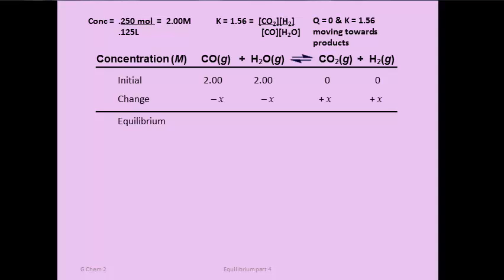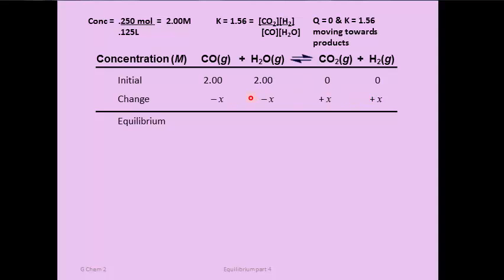If you think about what's happening, if we're moving towards products, then we know that we're losing whatever the concentration was originally. We're going to lose a little concentration. This is stoichiometrically 1-to-1 with the water, so it'll lose the same amount. It's 1-to-1 with the carbon dioxide, so you're going to gain whatever you lose, right? And 1-to-1 here.